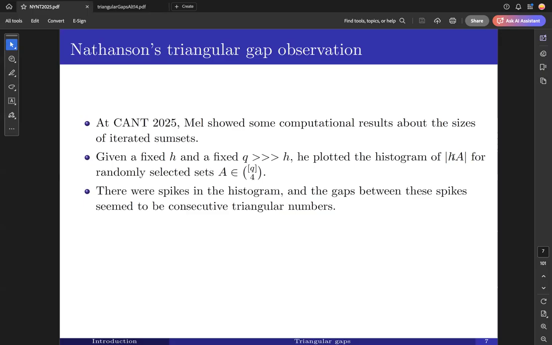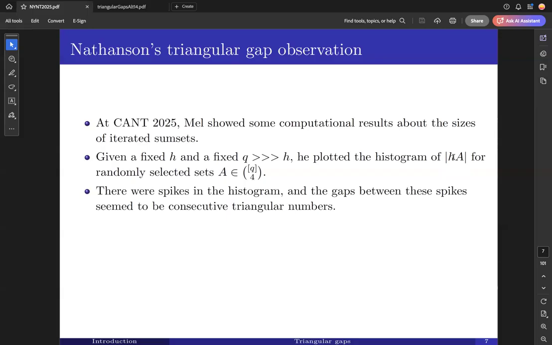Just by a little bit of thought experiment without being too careful, we think if I'm choosing a small number of elements out of a large set of elements, the likelihood that there's A plus B equals C plus D, or that there's going to be some overlap in sums, is smaller than the likelihood that there are no overlaps in sums. And so it makes sense that the most frequent sum set size is that maximum size. That's what I've called M sub h, or just M_h for short.